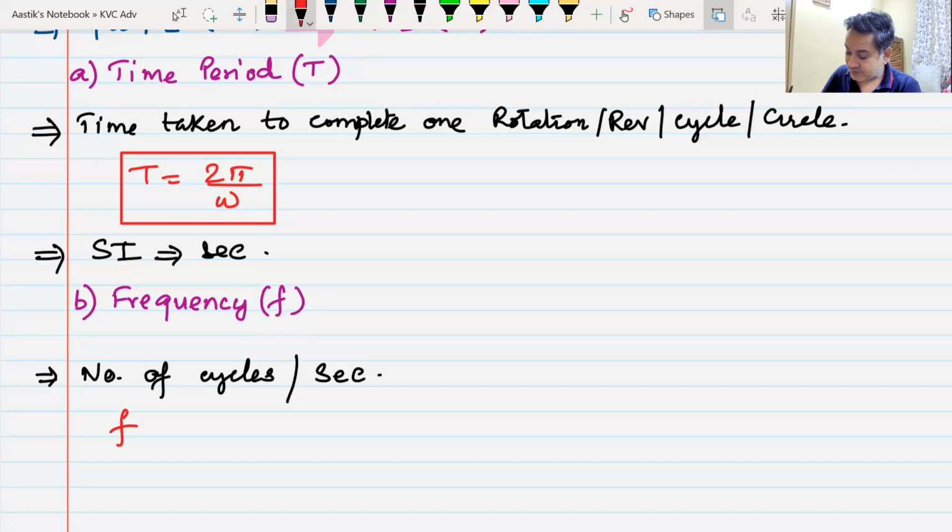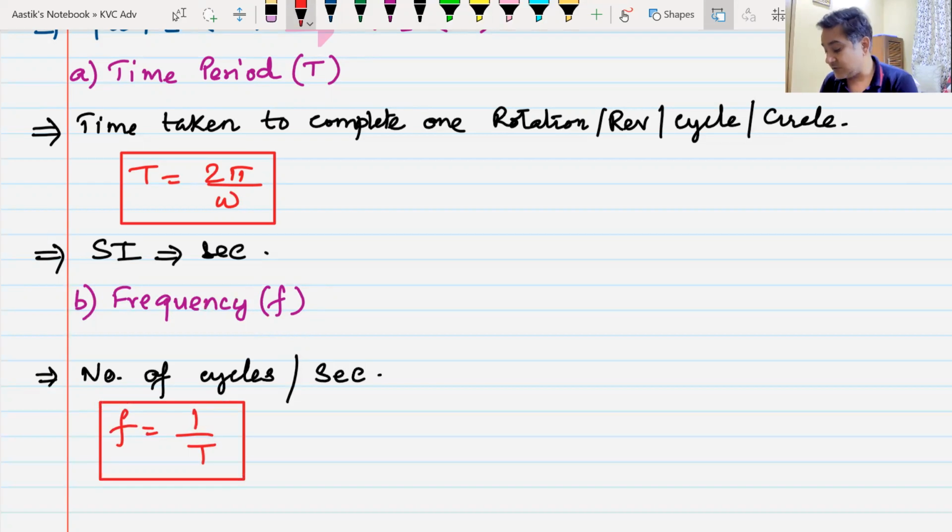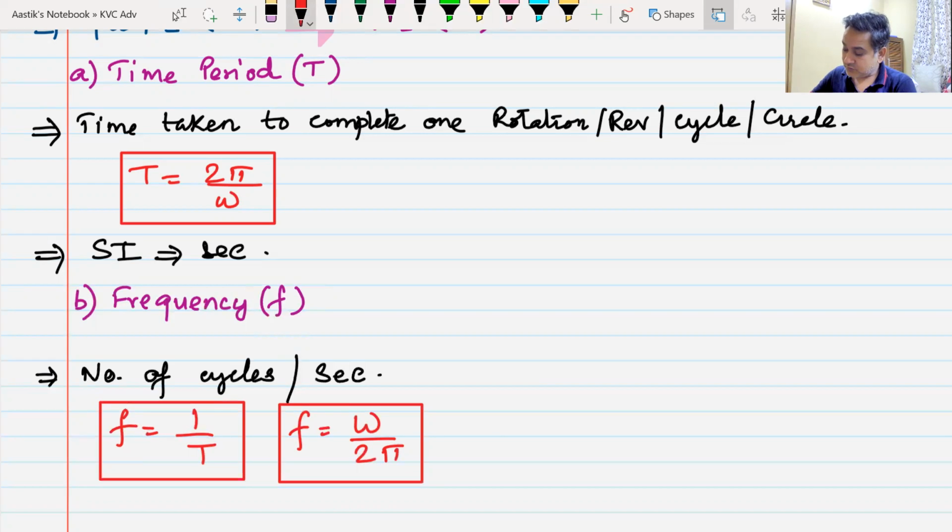And what is the relation? f is 1 by T. But T is 2 pi by omega. So I can write f is omega by 2 pi, or I can also write omega as 2 pi f. Do you understand this? Yes or no?